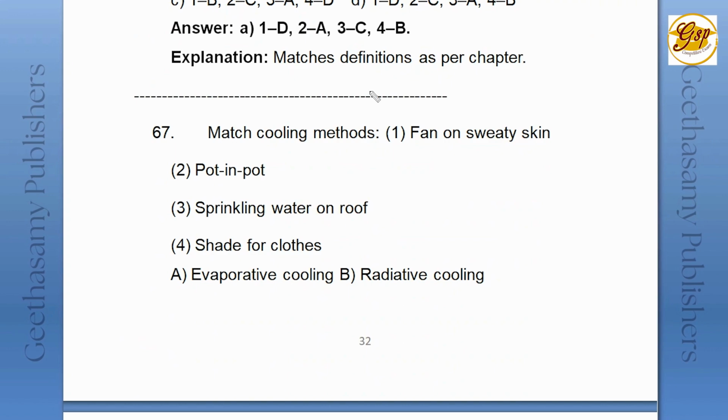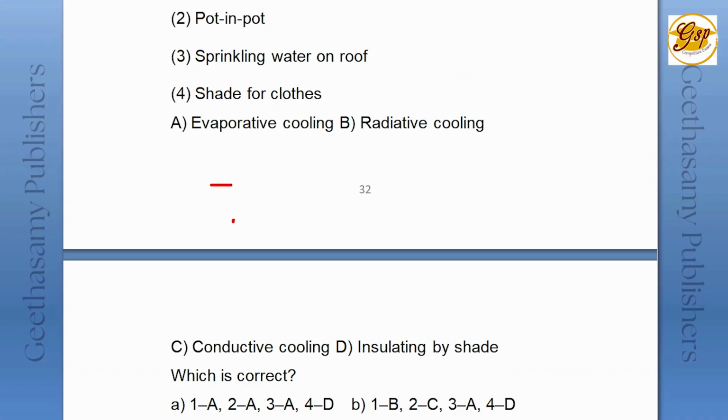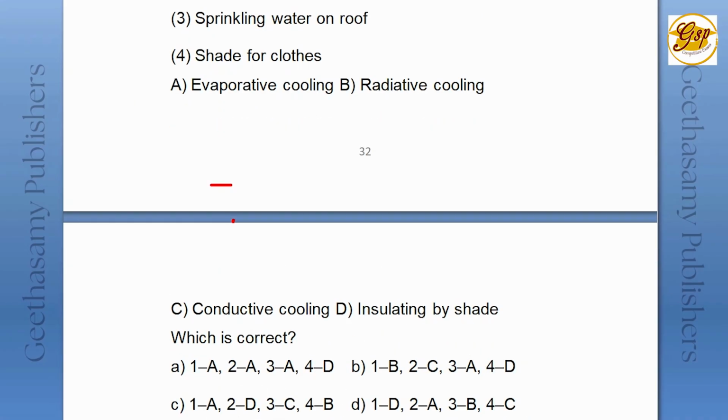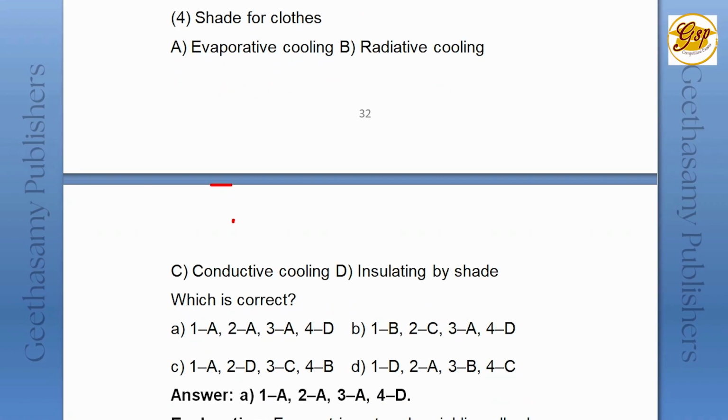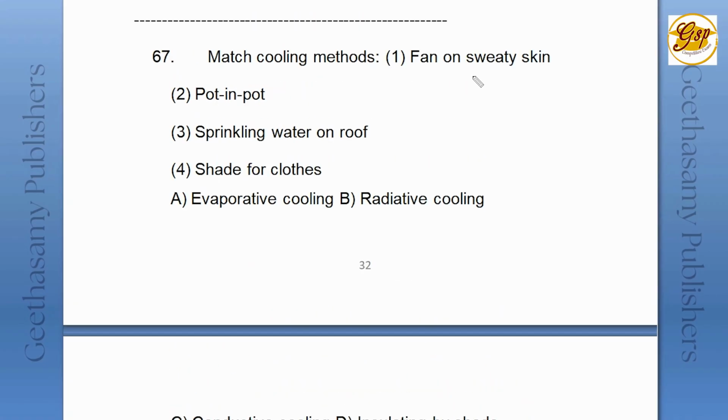Again, match the methods: fan on sweaty skin, pot in pot, sprinkler water, and shade for cloth. When we look at this, the correct answer is A. Everything is A, it's written. Fan on sweating skin is evaporative cooling.